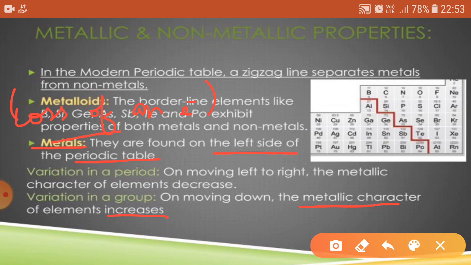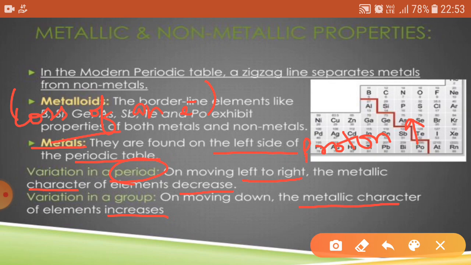It is quite difficult to lose an electron on moving from left to right because protons increase and electron loss will be quite difficult. That's why metallic character decreases along the period.